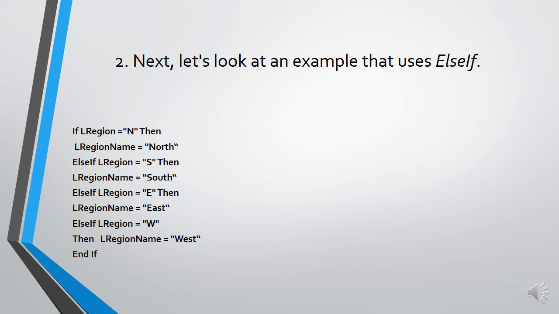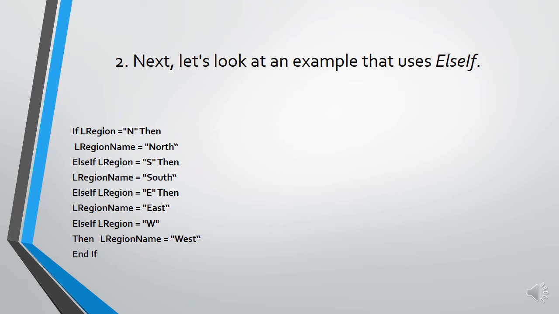Secondly, we can have multiple if statements separated by the ElseIf. We always have an ElseIf after the very first If to test for several other conditions in between. Then at the end, we'll have our End If. Let's take note of the very last statement before the End If, which is the Then.